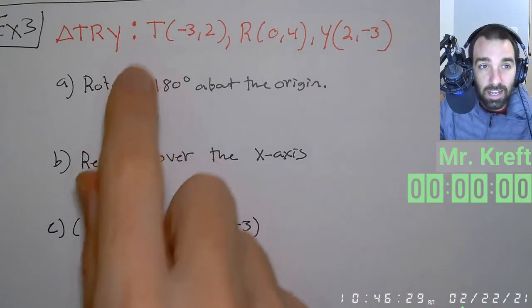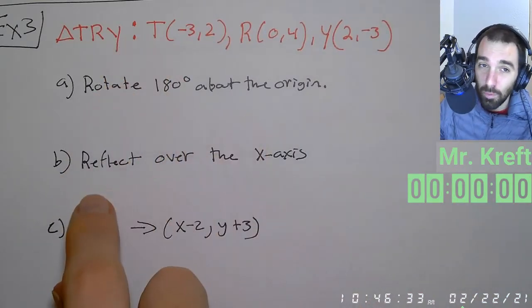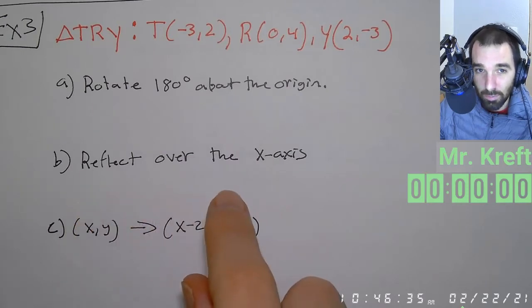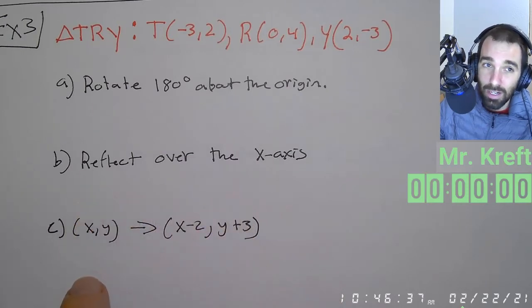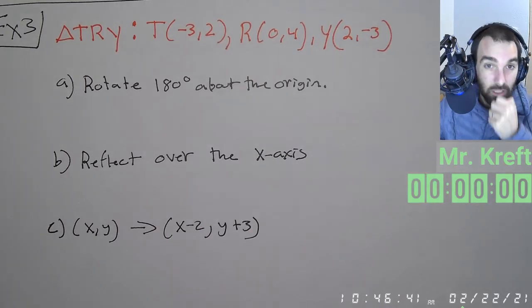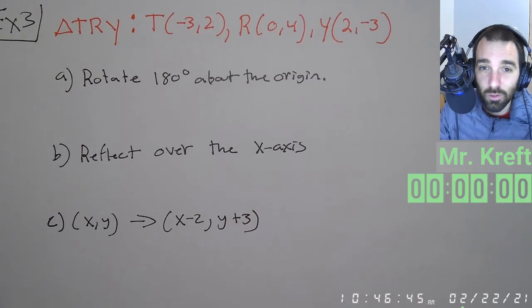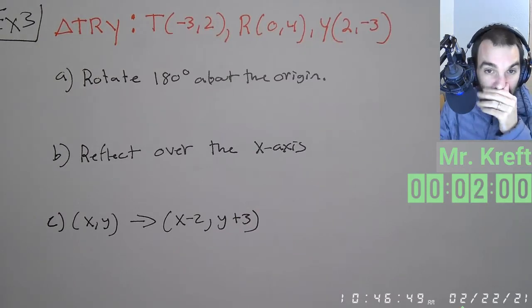Okay, so that means you're going to have a T prime, R prime, Y prime. You're going to have a T double prime, R double prime, Y double prime. And you're going to have a T triple prime, R triple prime, Y triple prime. So you're going to have 3 different points because you're doing 3 different transformations. Okay, so let's reset this. I can give you guys a little bit more time here.